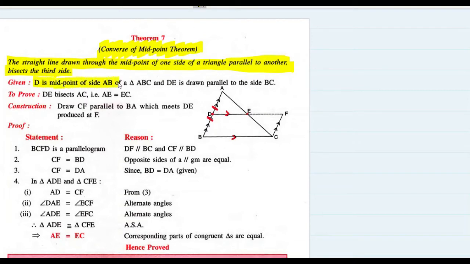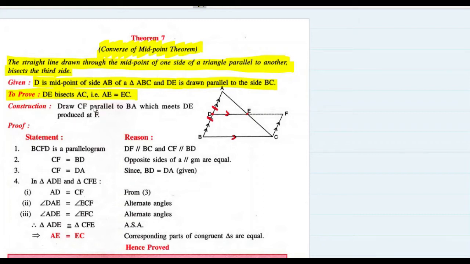D is midpoint of side AB of triangle ABC and DE is drawn parallel to the side BC. D midpoint है AB का और DE parallel है किससे? BC से. So we have to prove that DE bisects AC. That is, AE is equal to EC.